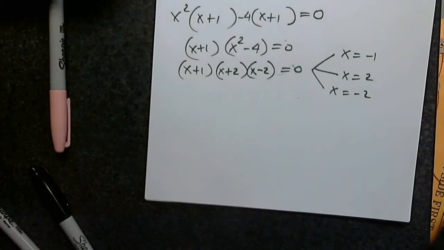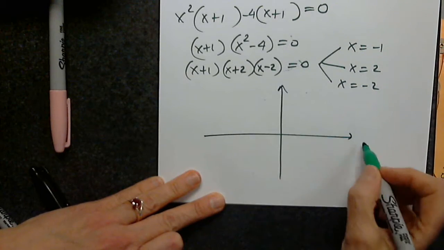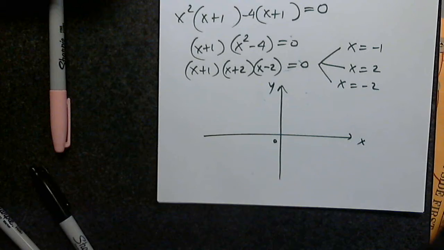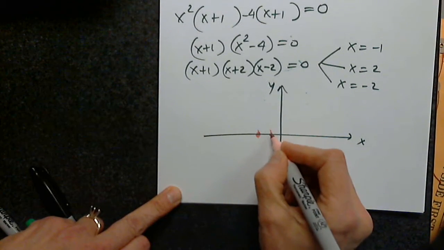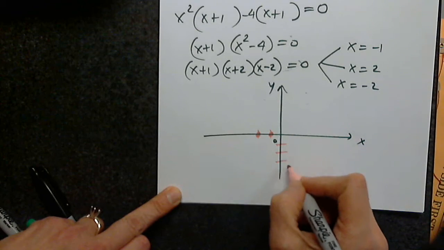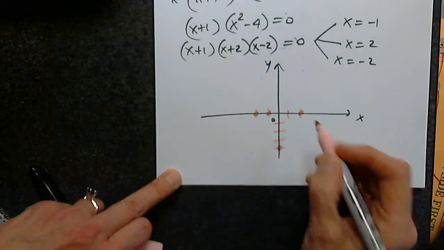Ready? So I will plot negative 2, 0, negative 1, 0, 0, negative 4, and 2, 0.